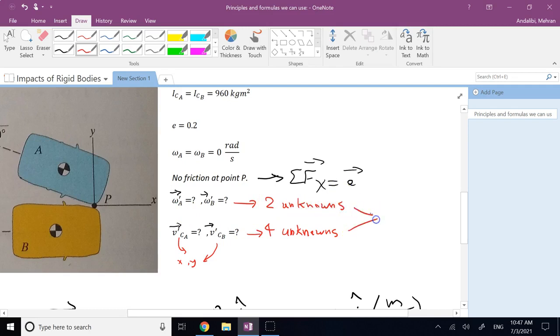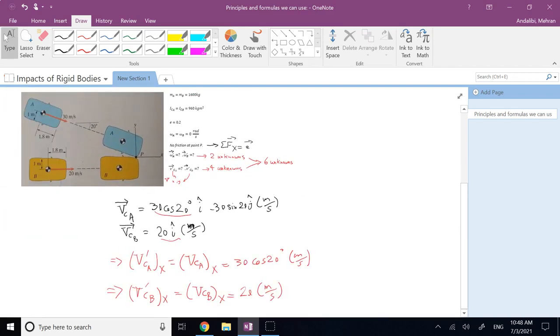So overall, I have 6 unknowns, and here 2 of them are fixed. I found the x component of the velocities after impact for the centroid. So 2 of them are good. I need to know 4 other ones.